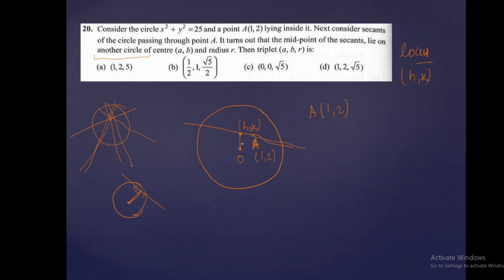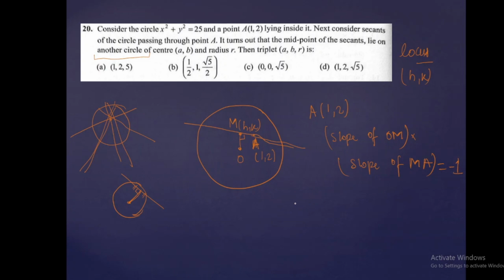So basically this will be 90 degrees. So say this midpoint is point M. So we can clearly see that the slope of OM into the slope of MA is how much? They are perpendicular lines, so that will be minus 1.